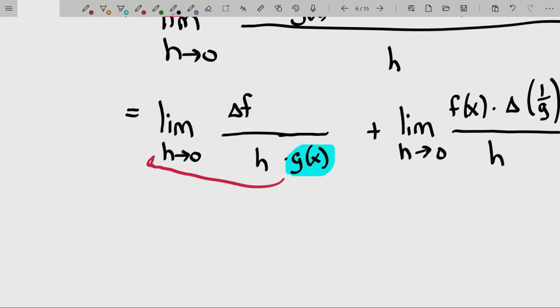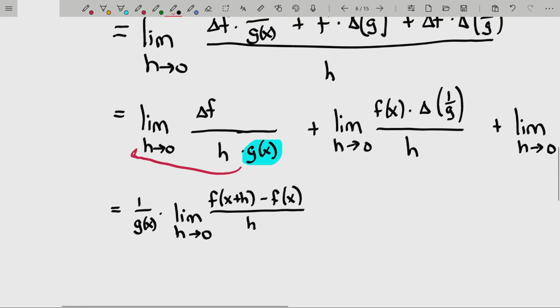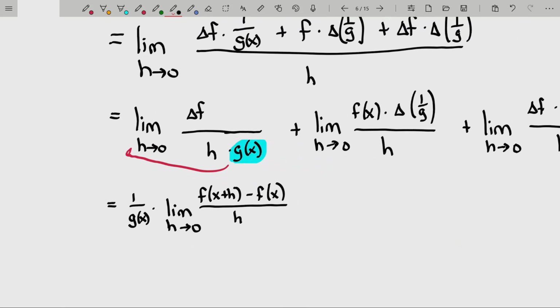It's equal to 1 over g of x times the limit as h goes to 0 of delta f, which, remember, is f of x plus h minus f of x, and this is still sitting all over h. That should look strongly familiar to you. Not strangely, but strongly familiar.